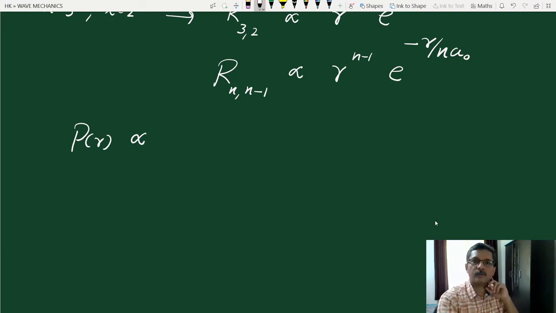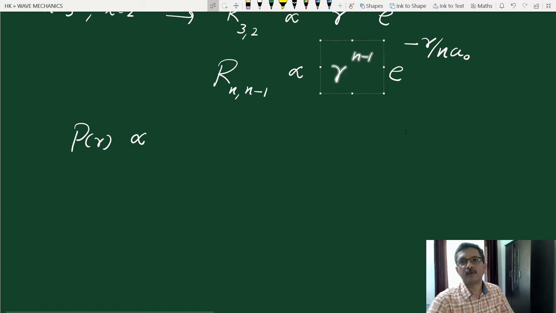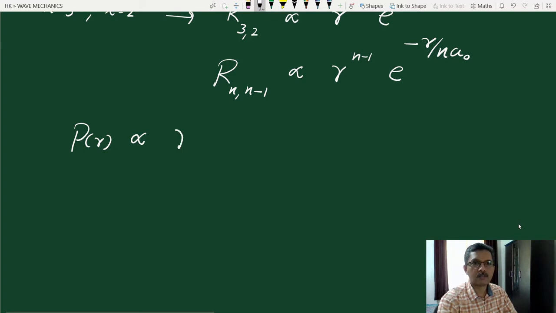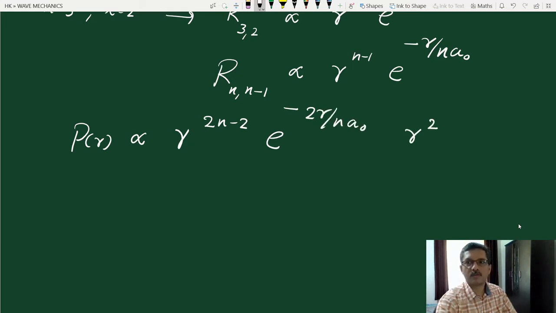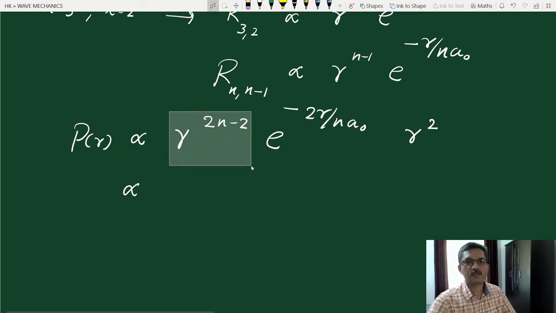If you take the square of R, you have r raised to 2n minus 2 and e raised to minus 2r by n a0. Multiplying by small r square, there is an r raised to minus 2 in this part which cancels with the r raised to 2 here.